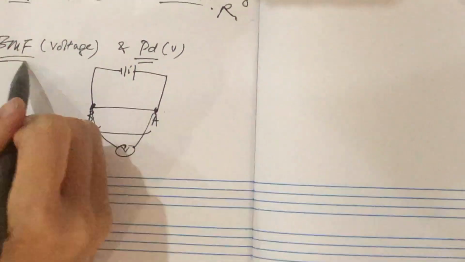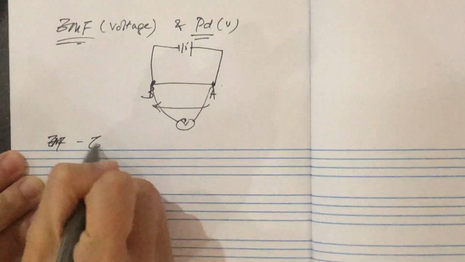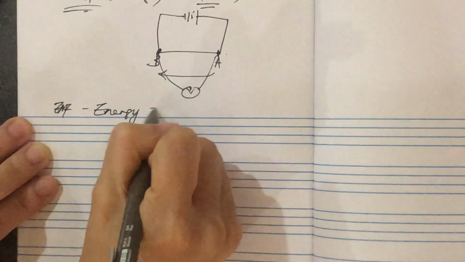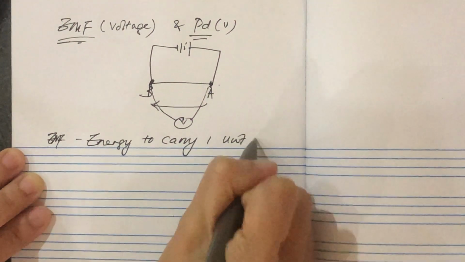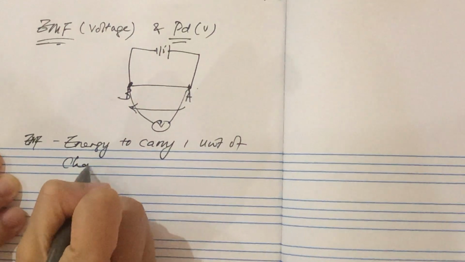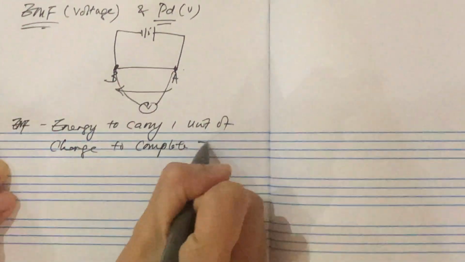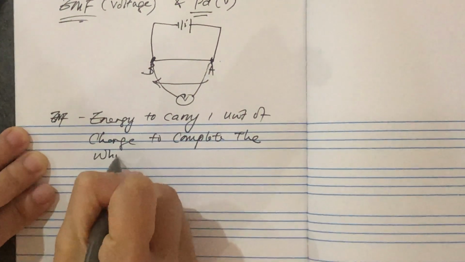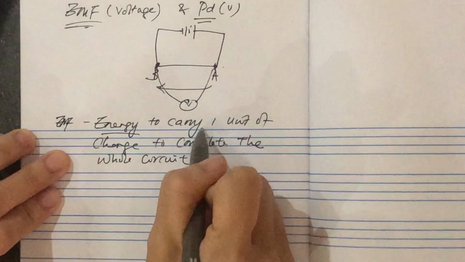Okay, so what is EMF? EMF is also energy. It is the energy to carry one unit of charge to complete the whole circuit. Okay, to complete the whole circuit, right? So if you look at the unit, the EMF unit will be voltage, right? And one unit of charge is coulomb. So it is the energy to carry one unit of charge.